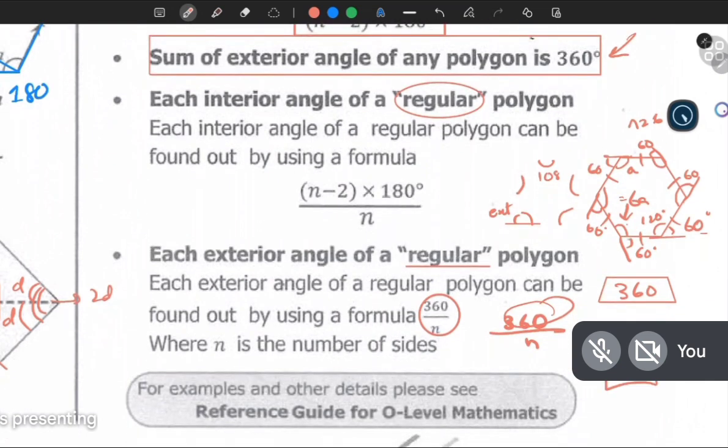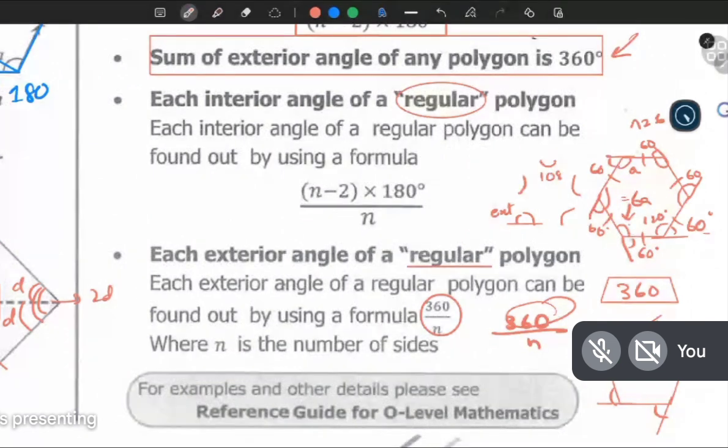If I have a pentagon, I have five sides, so I'll have five exterior angles. All of these should be equal to 360. Now I know that the interior angles sum to 540.